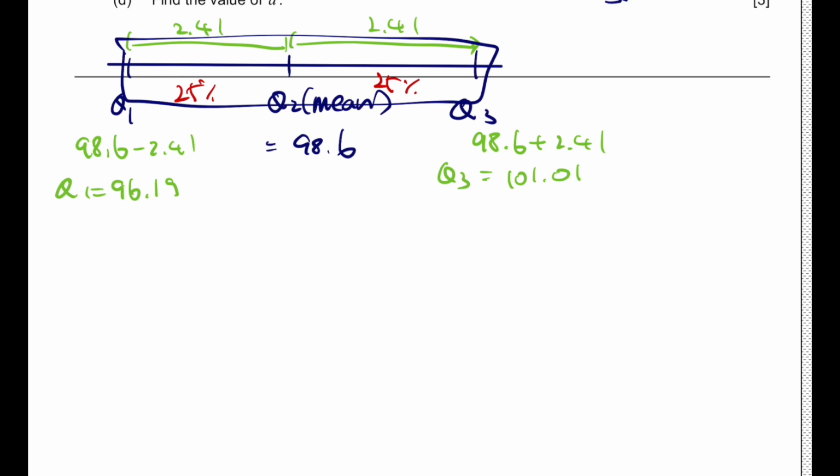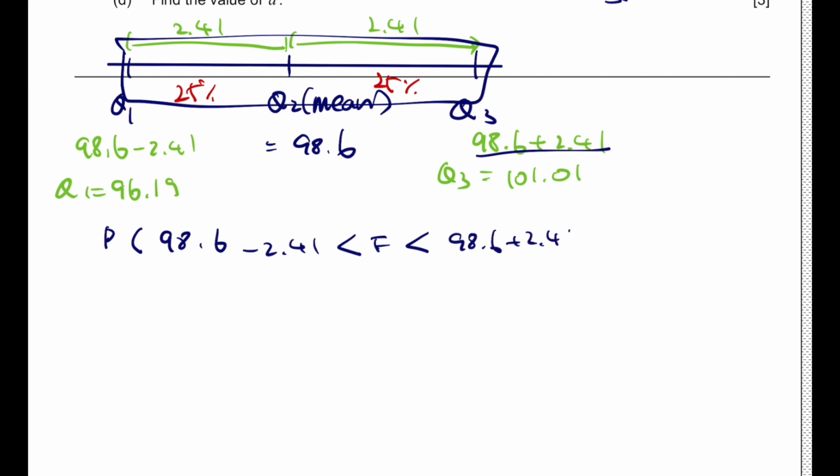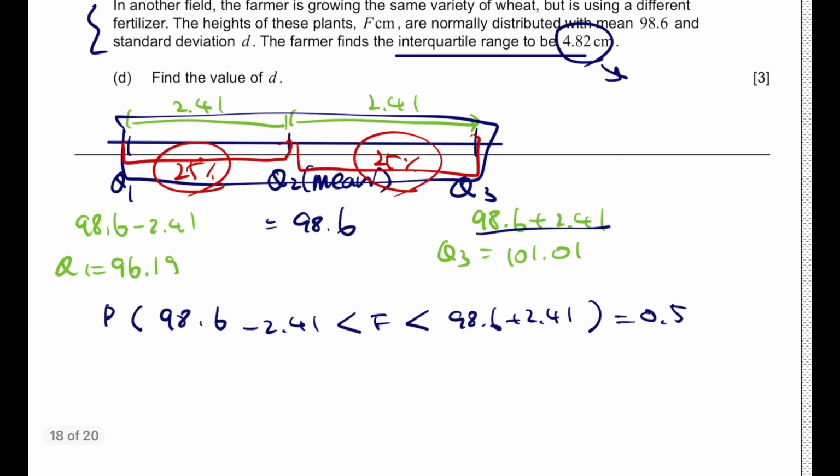So the probability of 98.6 minus 2.41, I'm just going to write this, is equal to 0.5. Why 0.5? Because from Q1 to Q2 is 25%, and Q2 to Q3 is another 25%. If we consider this under the distribution, this is 50% of the total probability 1, so we can set it equal to 0.5, okay?